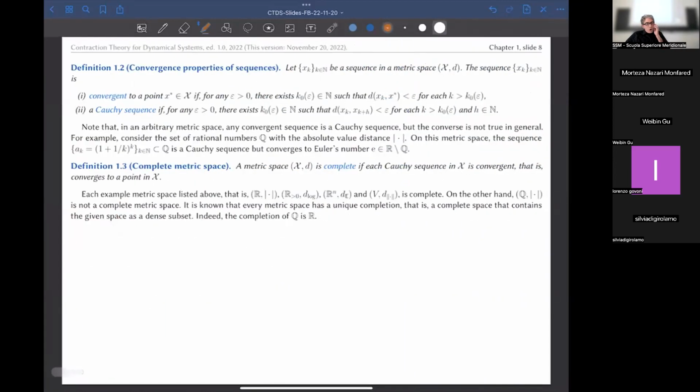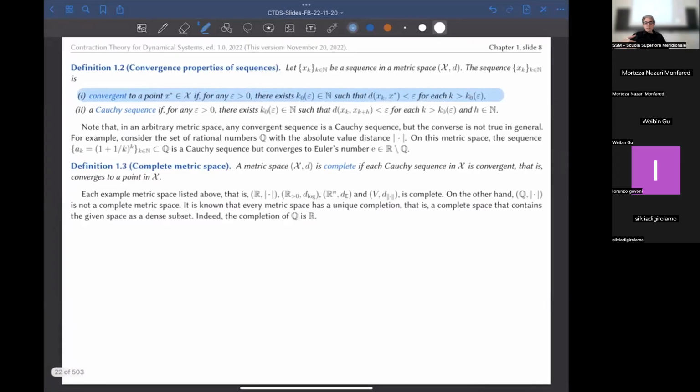Okay, now, on a metric space, you can talk about convergence. And famously, there are two notions of convergence. You converge to a point if your distance to the point becomes arbitrarily small, which means that for all epsilon, there exists a kappa such that when you are past kappa, the distance is less than epsilon. So this is the standard notion of convergence to a point.